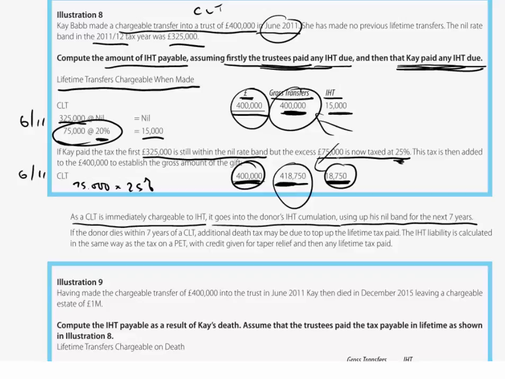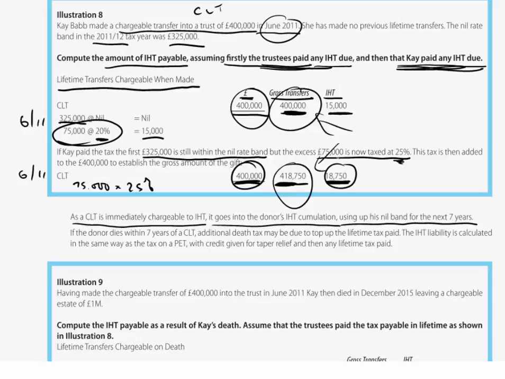It might therefore be a sensible thing to do, if K wished to put more money into this trust, to wait for 7 years, because after 7 years the June 2011 transfer would cease to have a cumulative effect.